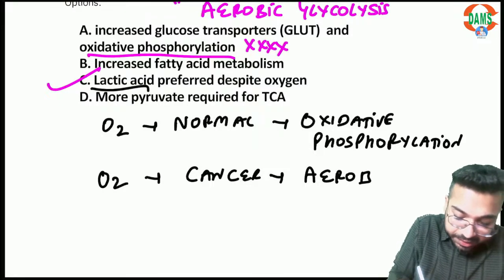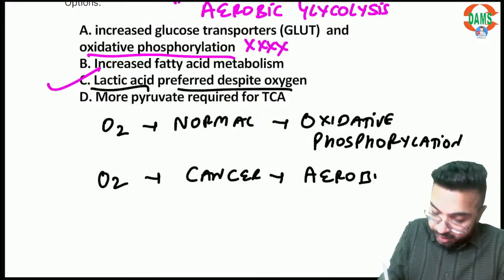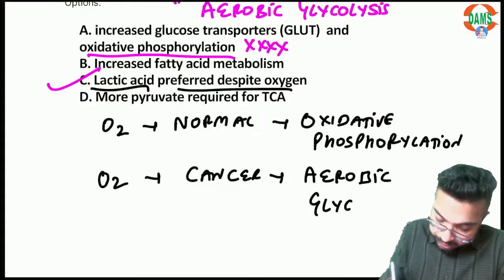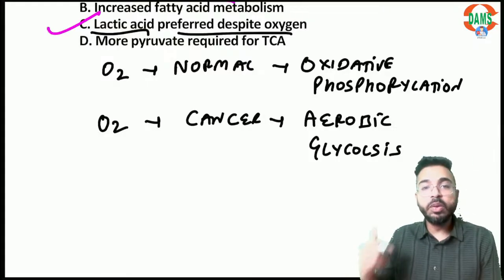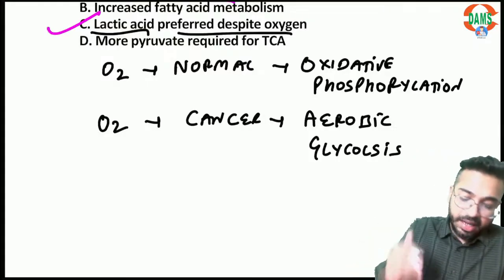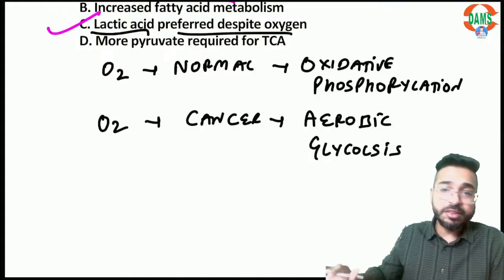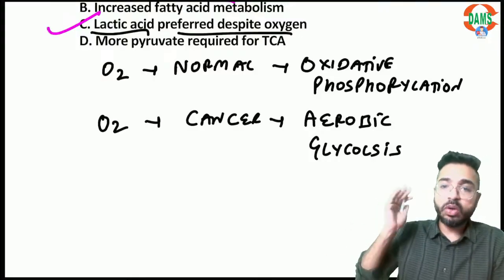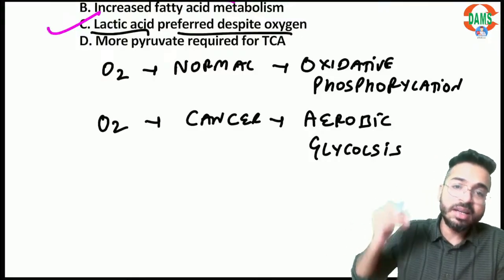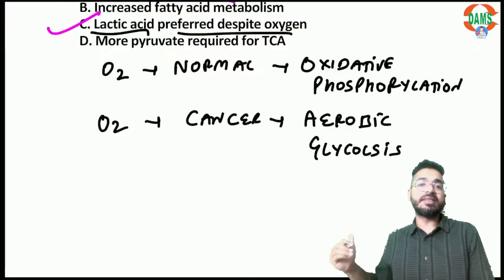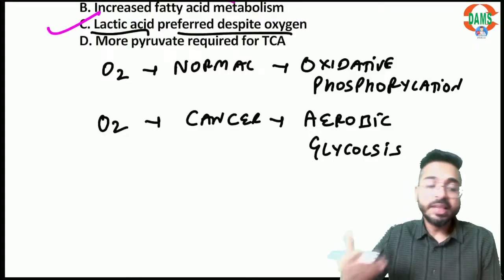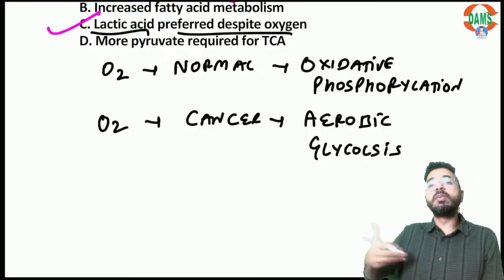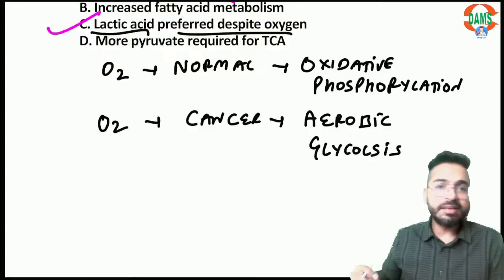So lactic acid preferred despite oxygen, aerobic glycolysis only, where pyruvate is converted into lactic acid. So this is glucose hunger. So here the best answer is lactic acid preferred. Remember, there is no role of TCA or oxidative phosphorylation in the Warburg effect or in cancer cells. They prefer aerobic glycolysis because intermediate products are formed. There is the HMP pathway where there is so much nucleotide synthesis. This is what cancer cells prefer, right?